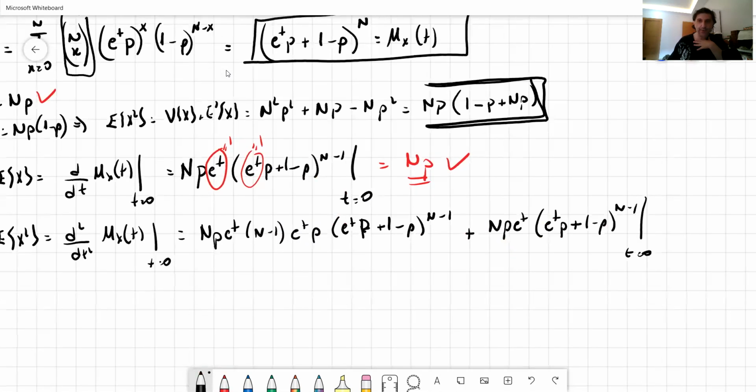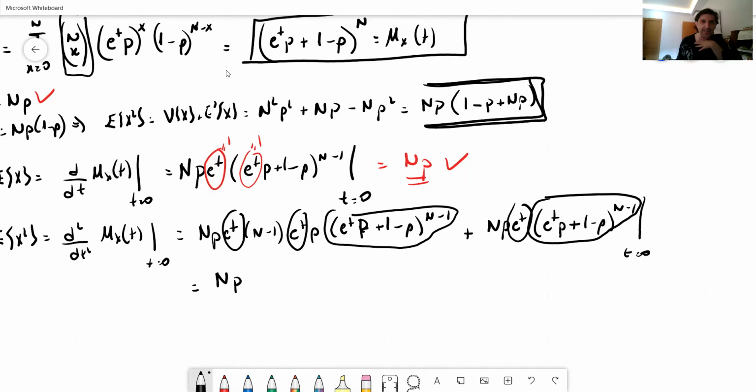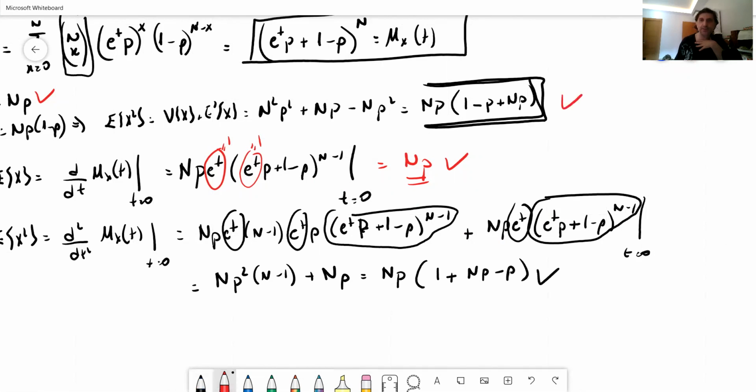All right, when we put t equal to 0, as we have calculated here, this one and this one are going to be equal to 1. So we have another one here and another one here. Therefore, we are going to have n times p times (n minus 1) times p plus np. Let's make it look nicer. Taking np as common factor, it's going to be np times (1 plus np minus p), which is np(1 minus p plus np). Yeah, as you can see, this also checks.